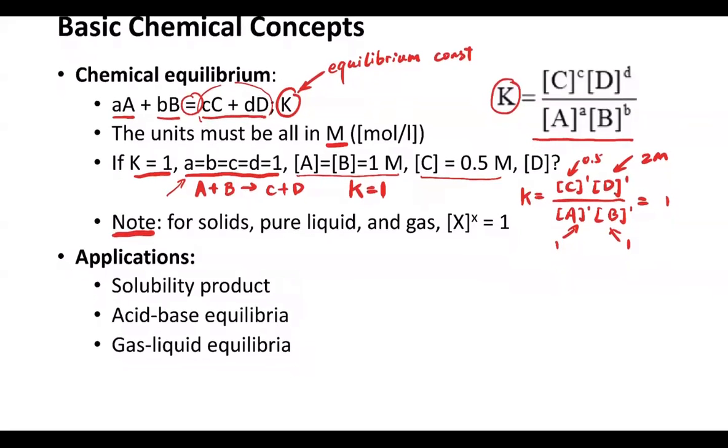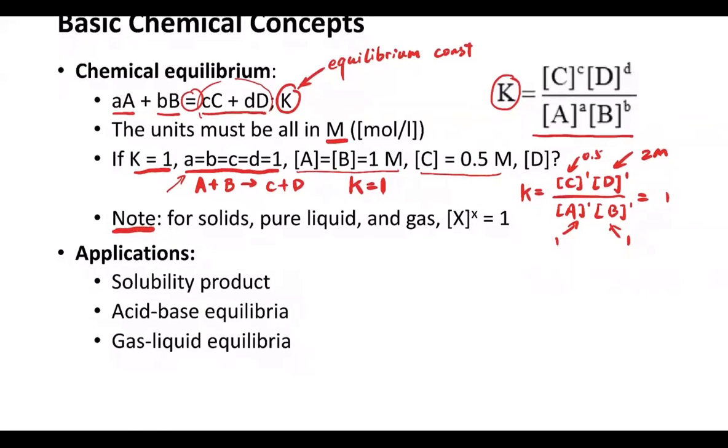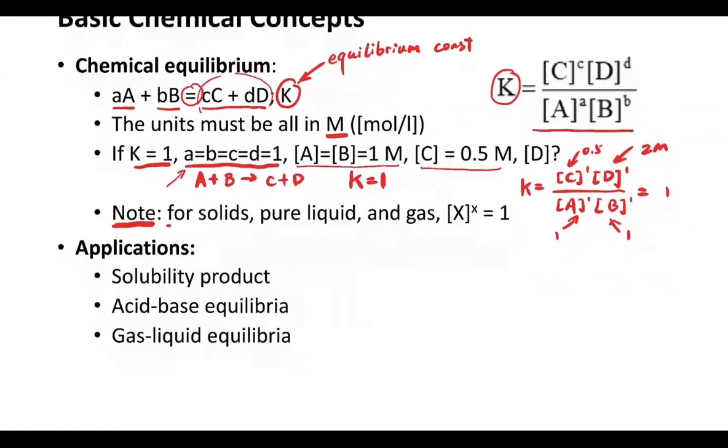Okay, so I also want to put a note here. For this equilibrium constant defined here, for solids, pure liquids, or gas, if they happen to show up in this reaction, then their term, the concentration to the power x, should always be equal to 1.